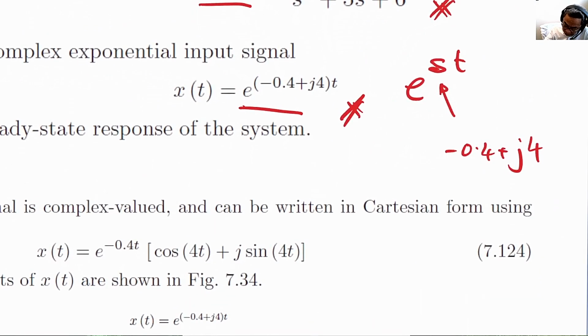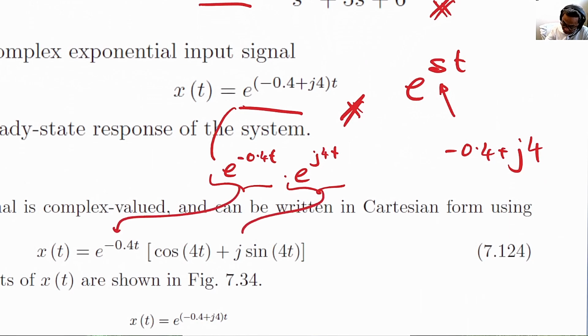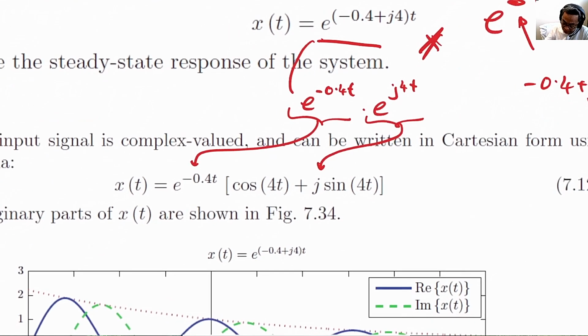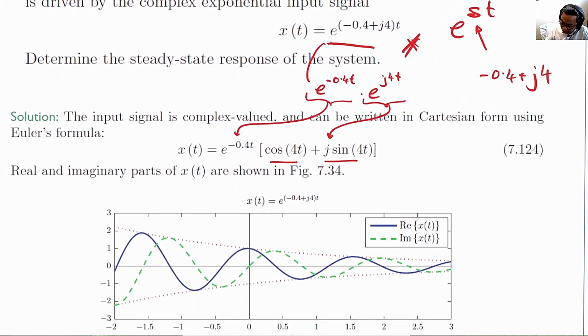You can then think of it as e^(-0.4t) multiplied by e^(j4t). So we have a decaying function and we have a complex exponential rotating. You can also express e^(j4t) as cosine 4t plus j sine 4t, and hence you can plot the real part and the imaginary part of x(t).